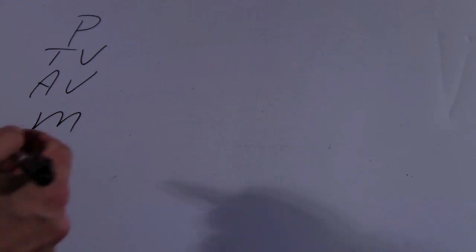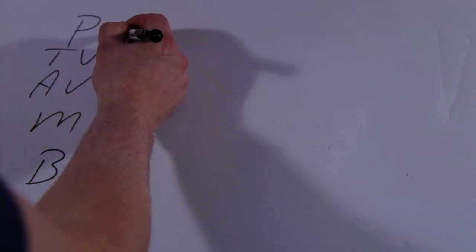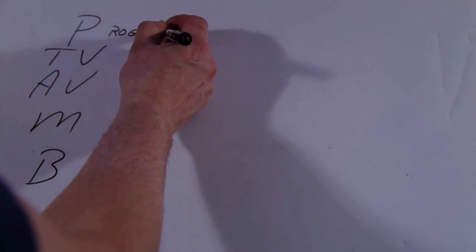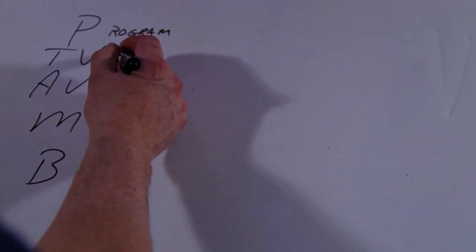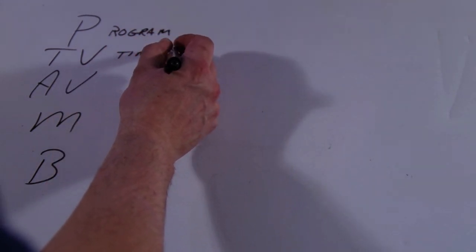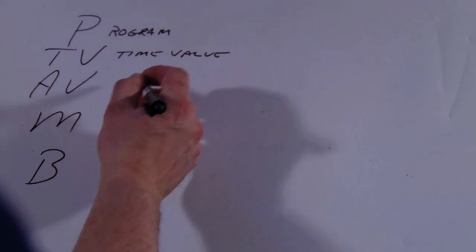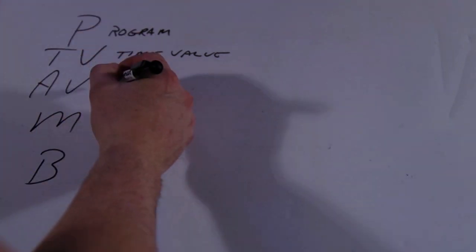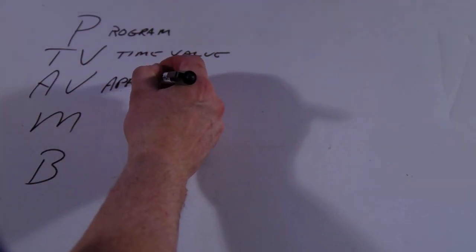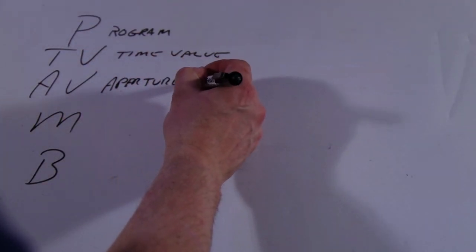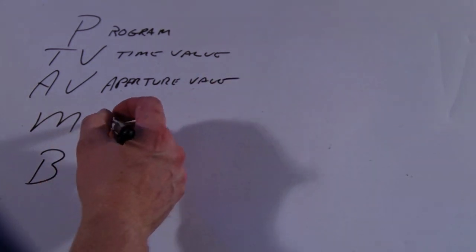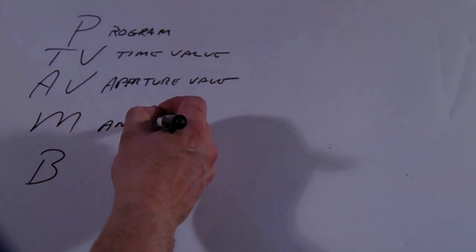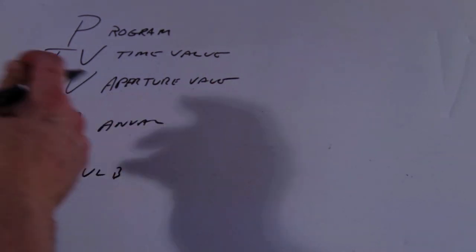P, TV, AV, M, and B. The P stands for program, TV is time value, AV is aperture value, then manual and bulb.